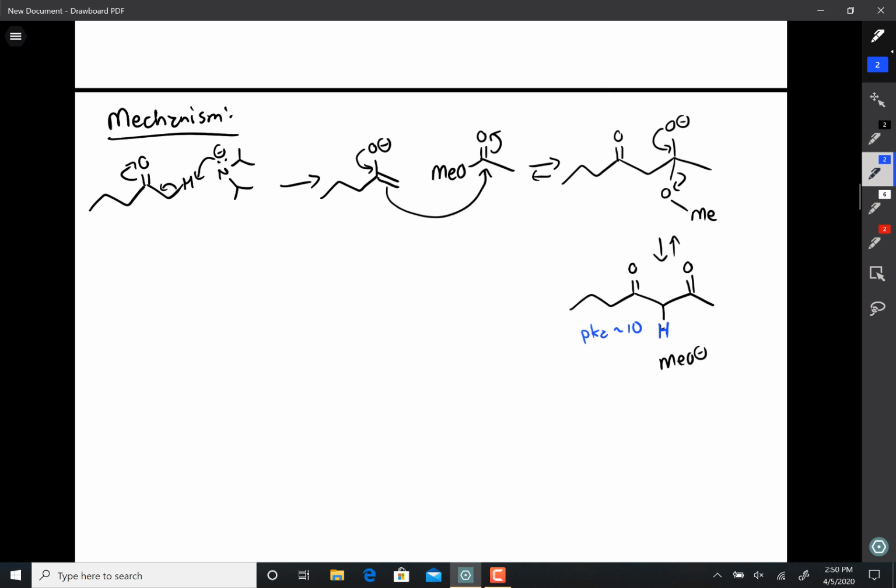It's much more acidic than the starting hydrogen with a pKa of 20. The reason it's more acidic is because it's between two carbonyls. And so when the base gets kicked off, it gets kicked off right next to the acidic proton, and this step right here is the fastest step in the entire reaction.